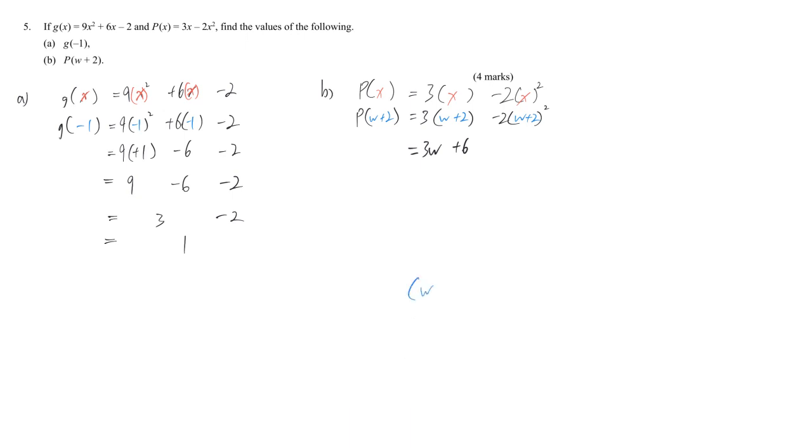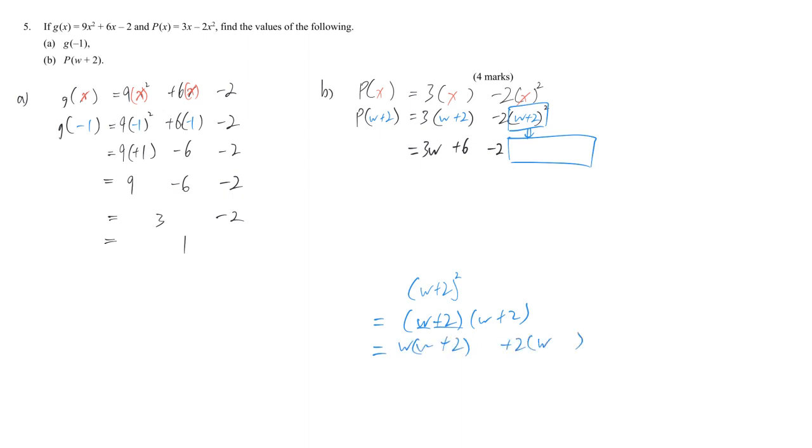We just consider (w + 2) squared and then we try to replace it. So we will have -2 and then that's something. I'm going to place it here. So (w + 2) squared means the same thing times same thing. If I remove the first bracket, w something plus 2 something.